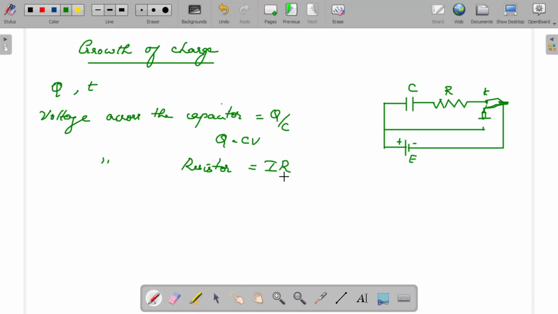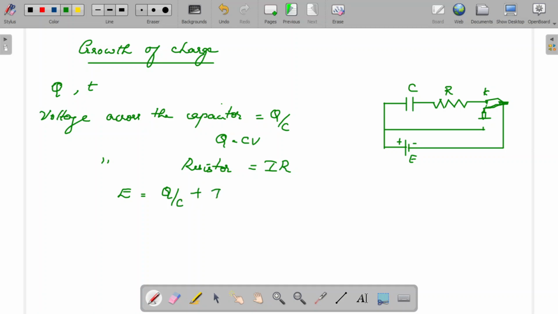Now we'll apply Kirchhoff's voltage equation here. The voltage source is E, and the potential of this voltage is divided among two components: the voltage across the capacitor C and the voltage across the resistance R. So I can write E as equal to Q by C across the capacitor, plus IR across the resistor.